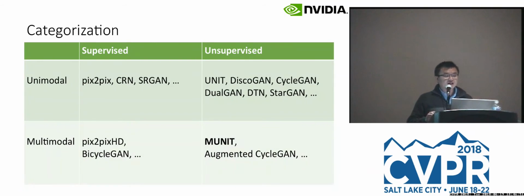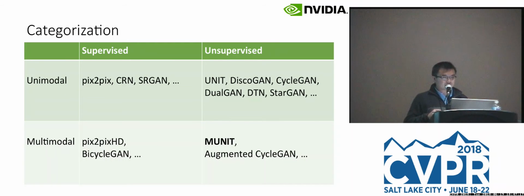Through this slide, I try to categorize several existing works into different categories based on supervised, unsupervised, unimodal, or multimodal. The pix2pix work presented earlier by Phil belongs to supervised unimodal, one of the very first works on image-to-image translation. And of course, we also have CRN work, super resolution GAN.